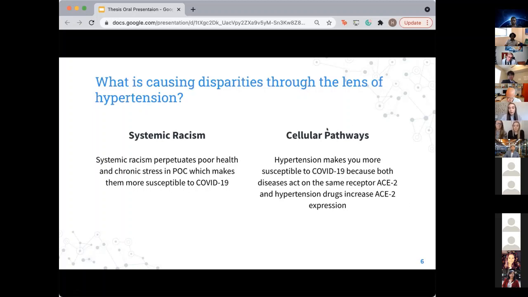The second pathway I explored was through the cellular connections. I knew that many of the drugs that were used to treat hypertension acted on the same receptor that COVID-19 uses to gain access to our cells. So I knew there had to be some kind of connection there. By looking at these two perspectives, I tried to answer the question of why these disparities were occurring.